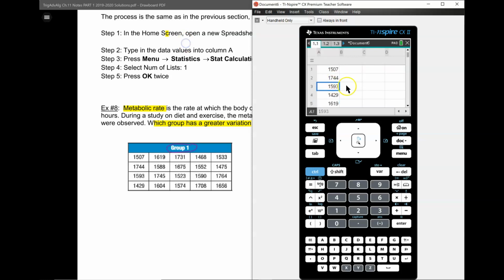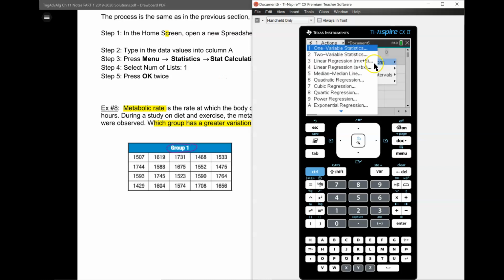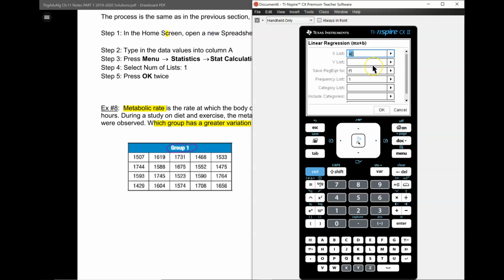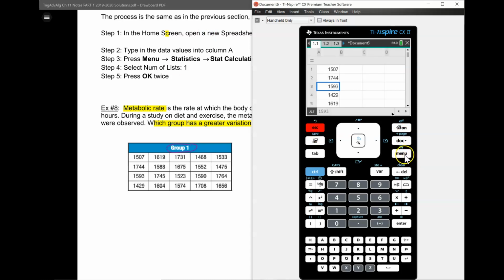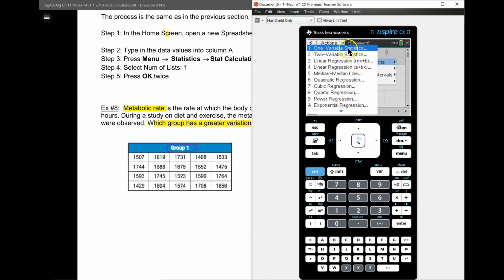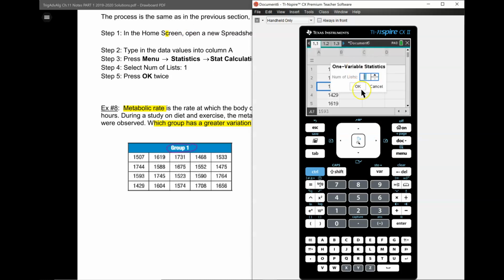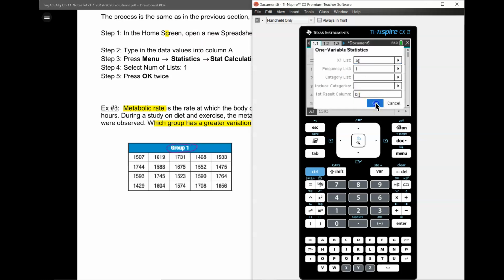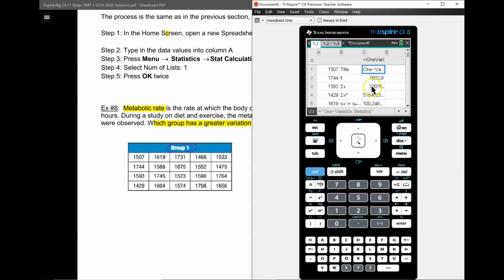Just like before, we're going to go to Menu, Statistics, Stat Calculations, one variable statistics, press OK, and press OK, and here we go. This is the information that it gives us.